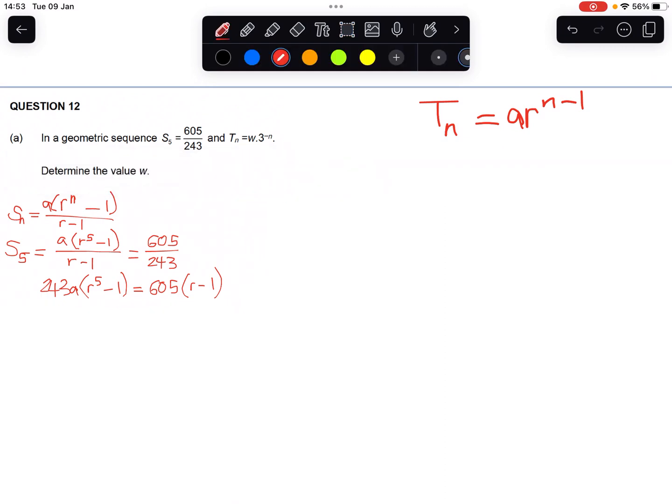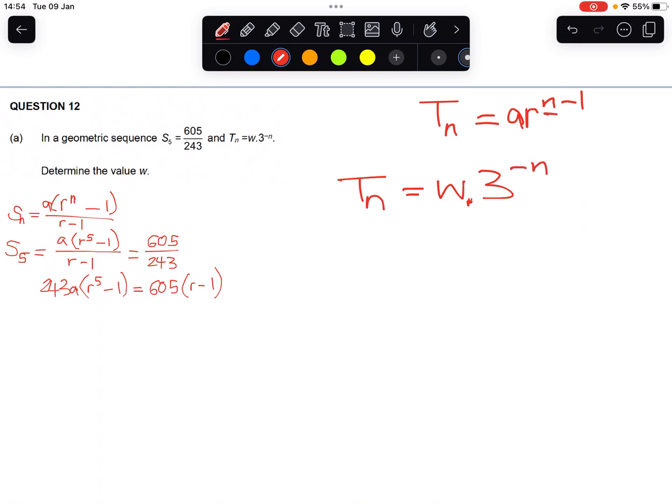Okay, so now let's go to what I had thought I might need to do, but I wasn't sure. I'm going to try and rewrite this so that it looks like the standard formula. So Tn is equal to w times 3 to the power of negative n.